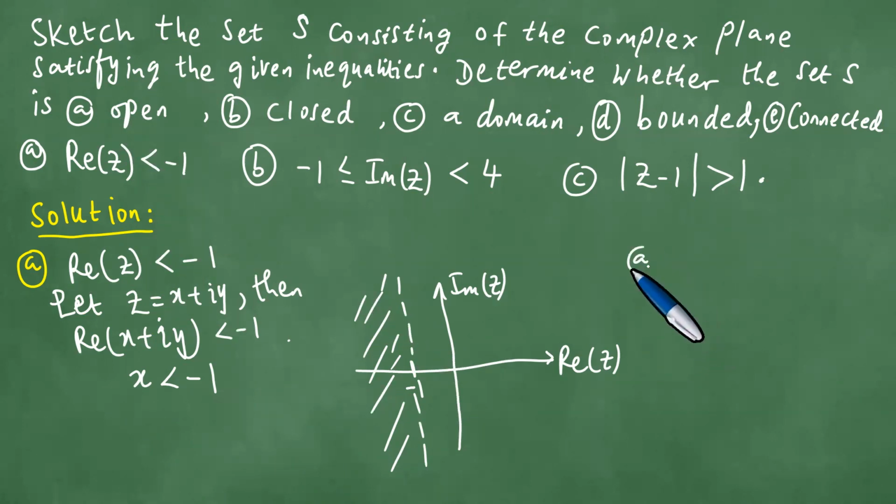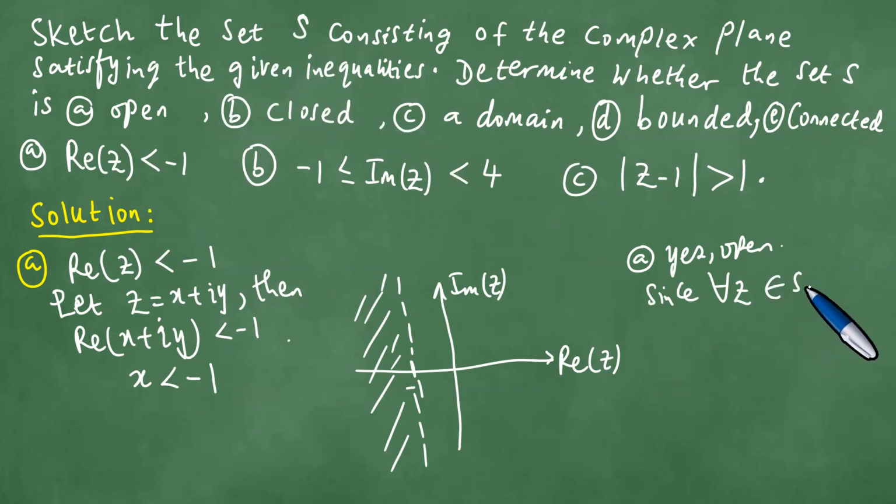Yes, surely this is open, since for any point in the set, for all Z in S, any open ball centered at Z with radius epsilon, this open disk, will be fully contained in the set S. And hence it's open.